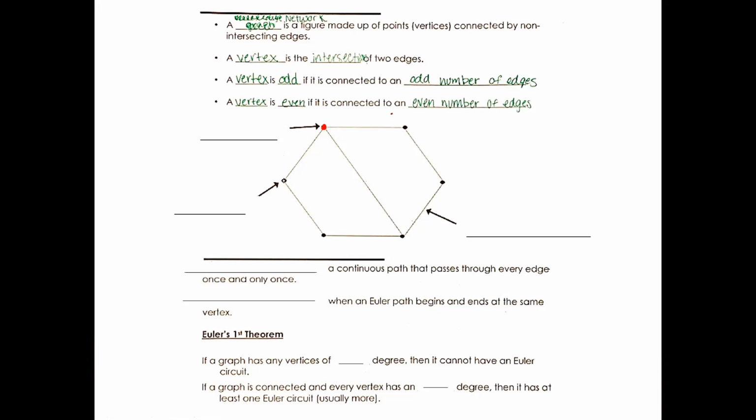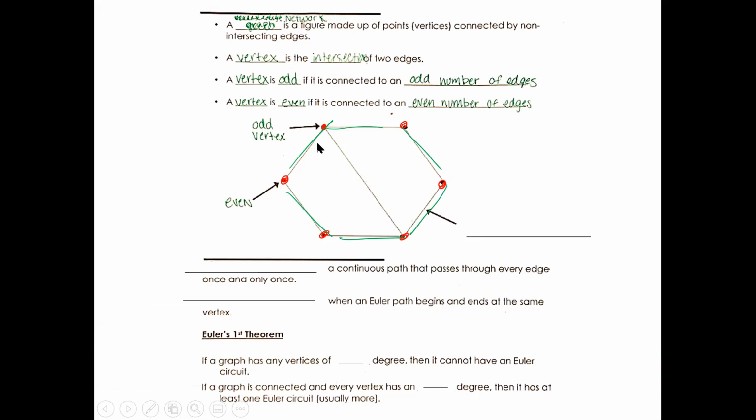So looking at this here, you have 1, 2, 3, 4, 5, 6 different vertices, and the edges connecting to this, you have 6.